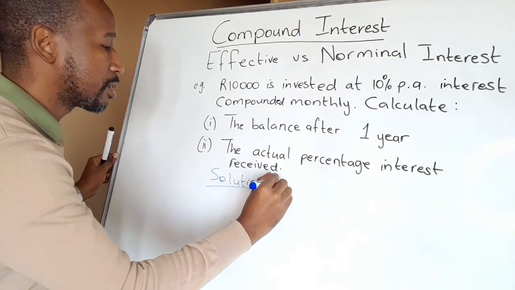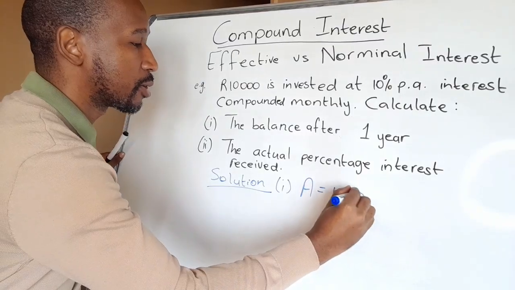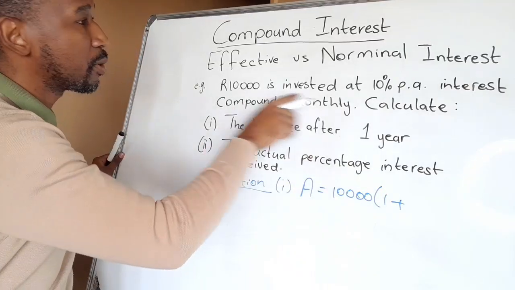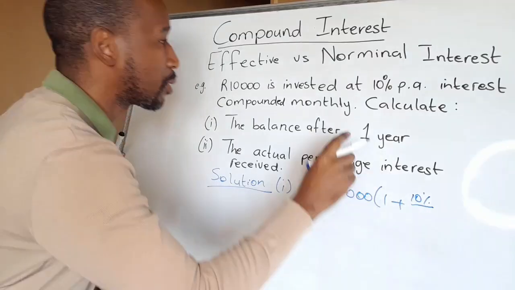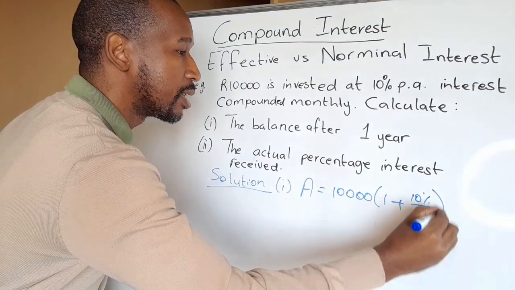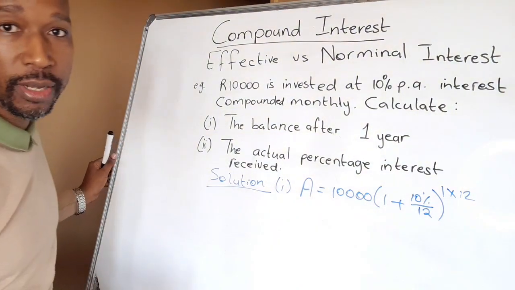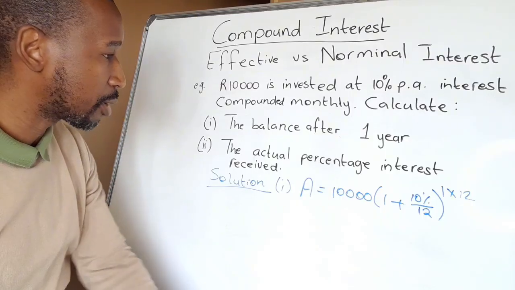We would take A is equal to 10,000 Rand, open bracket, 1 plus. Now here, we know that it's 10%, but because it's compounded monthly, we need to divide by 12. The number of years is 1, then we multiply it by 12 for the compounding period, or the compounding times that the interest is calculated.